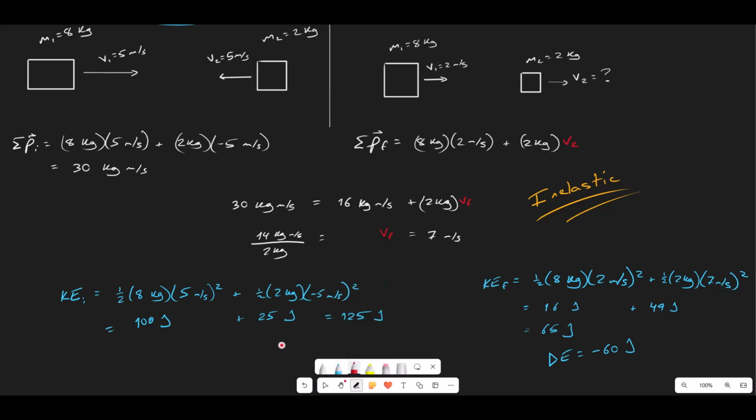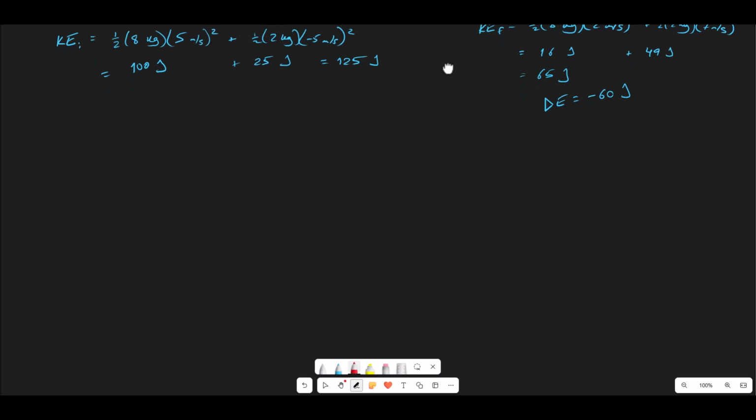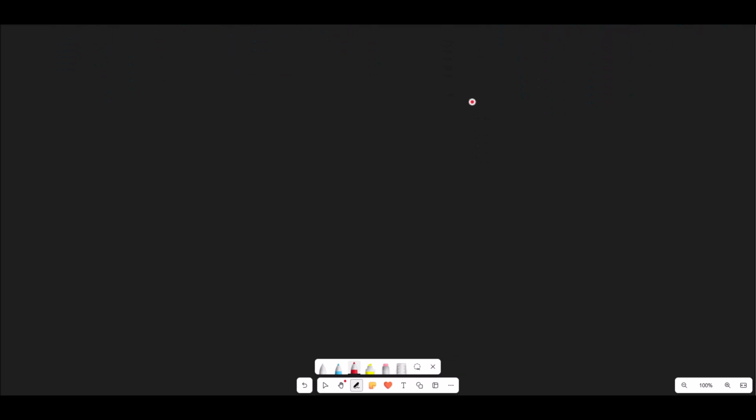Is it possible to have a collision where the energy is conserved? Well, let's look at that. If the energy is going to be conserved, now I'm going to work ahead just a little bit. Here's my 8 kilograms.